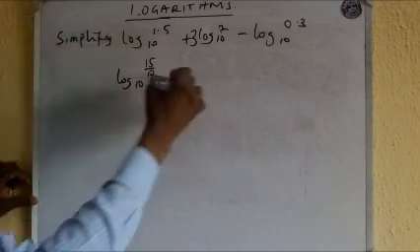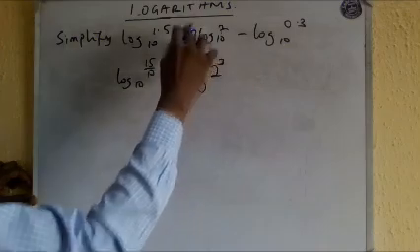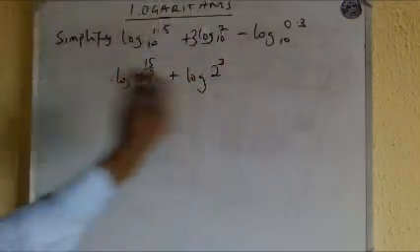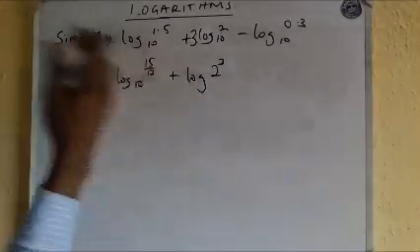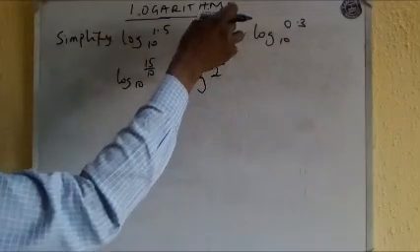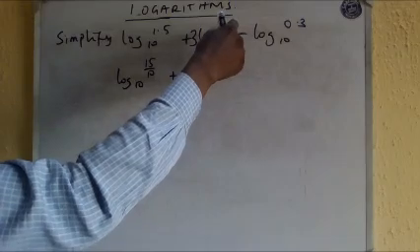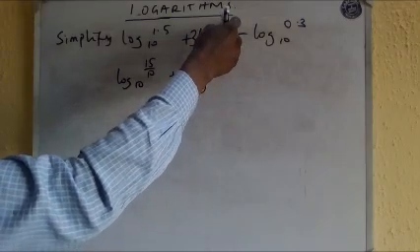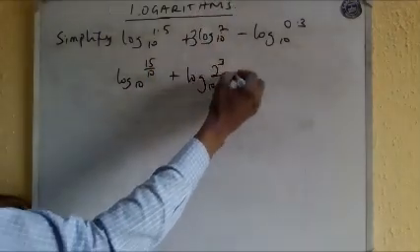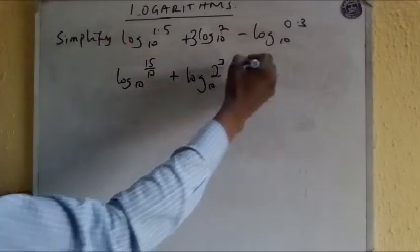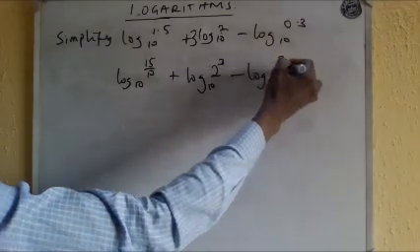So I have log 2 raised to the power 3. This one will go up. Like I said, all these laws, you can do them from left to right or right to left. Normally there's the power law, and this one will come down, this one now is going up, and is set to base 10. Then minus log 3 over 10 to base 10.